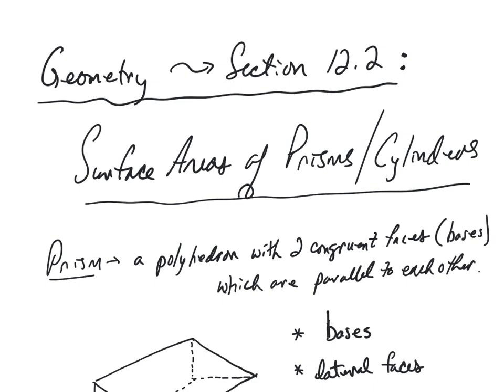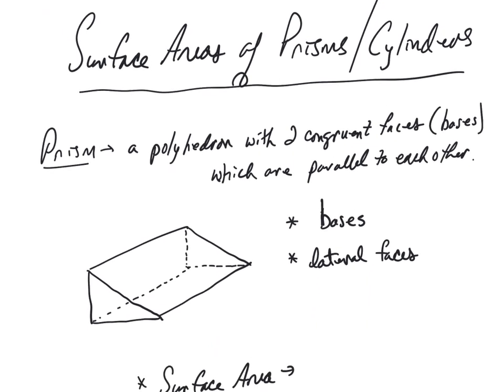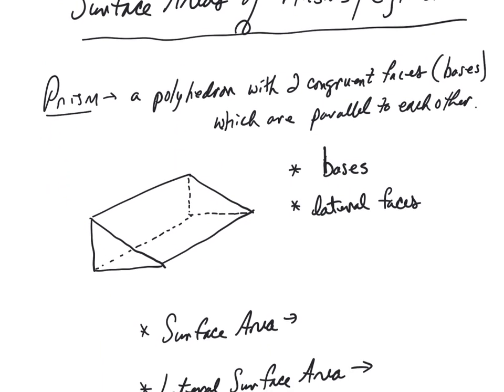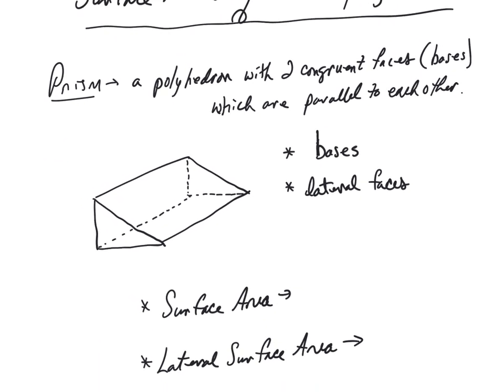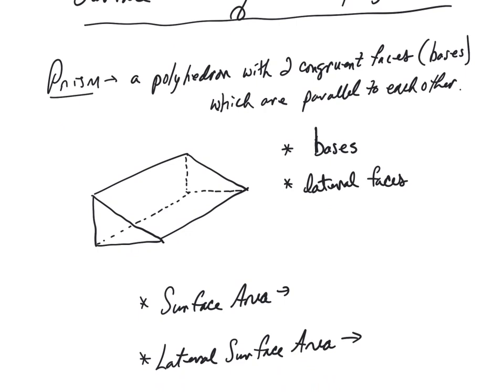Okay, so a prism is defined to be a polyhedron with two congruent faces that are called bases, and the bases are going to have to be parallel to each other. So in the picture that I've drawn for you here, we have a prism, and the two congruent faces are the triangle on the front and the triangle on the back.